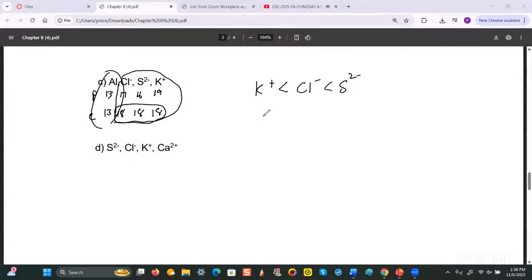It is in period 3. So aluminum, if it was atoms themselves, the aluminum would be smaller than phosphorus and sulfur, and chloride. So I will put aluminum here.